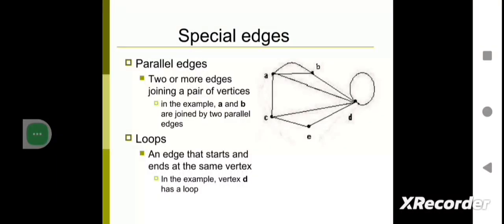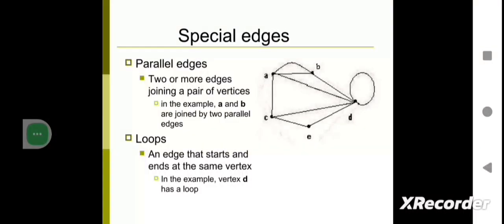Next, special edges. First one, parallel edges: two or more edges joining a pair of vertices. For example, A and B are joined by a line and also by a curve. These two are parallel edges.